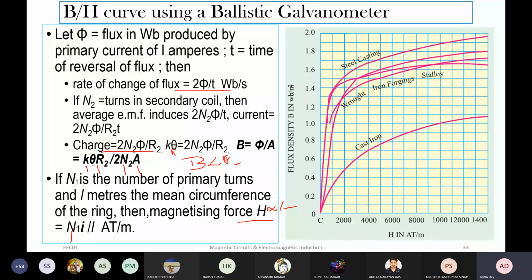Otherwise, you will get a scaled BH curve. So this is one way. Another is using a flux meter.